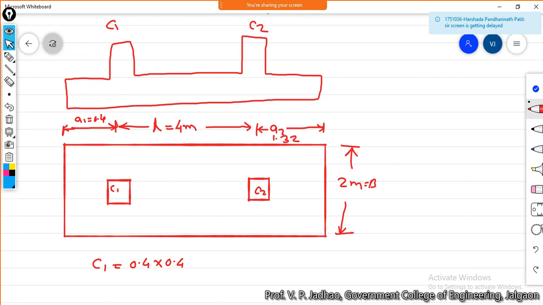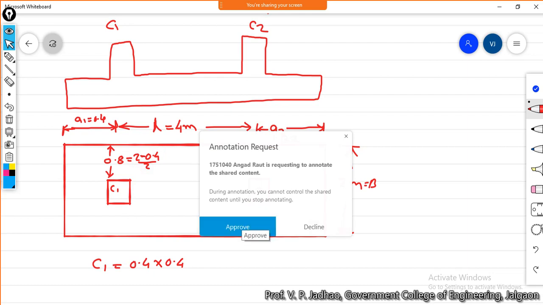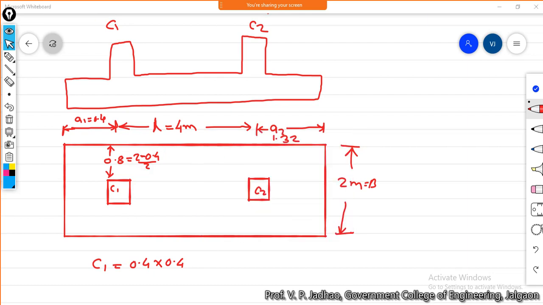Therefore this particular distance will be 2 minus 0.4 divided by 2, so this comes out to be 0.8 meter. And this other distance will be 2 minus 0.5 divided by 2, so this comes out to be 0.75 meter.